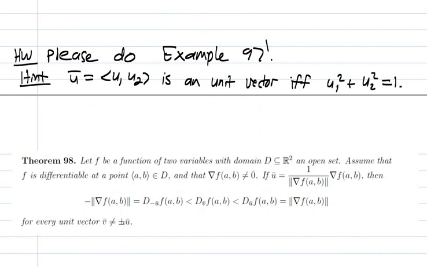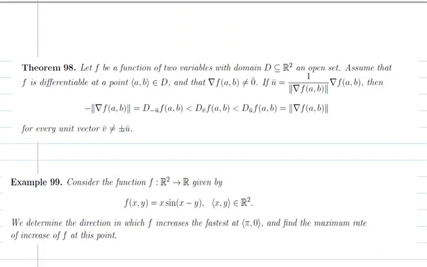Now, if we know that all the directional derivatives exist, we want to know, is there a bound? Is there a certain direction in which the directional derivative is the most, and a direction in which it is the least? The answer lies in theorem 98. If f is a function of two variables with domain D, which is again an open set, assume that f is differentiable at the point (a, b), so all the directional derivatives exist, and grad f is non-zero. Then we define the special vector u as grad f divided by the norm of grad f.